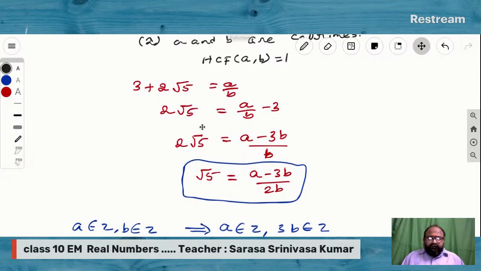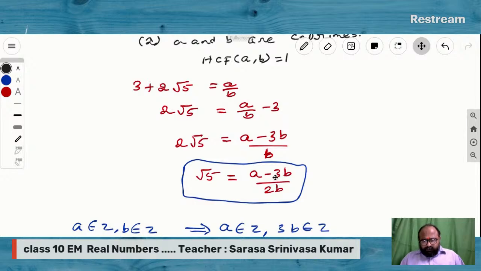By rearranging this, we get square root of 5 equal to a minus 3b by 2b. Now we continue our mathematical argument: we need to prove that the right hand side term is a rational number.